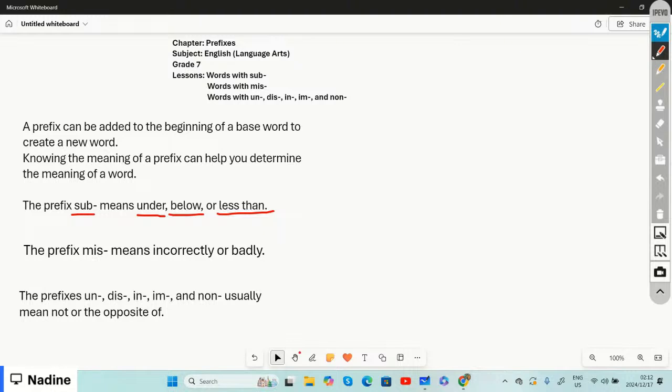Subtract, less than. Subway, we go underneath. Submarine, underwater. So the prefix sub means either under, below, or less than.